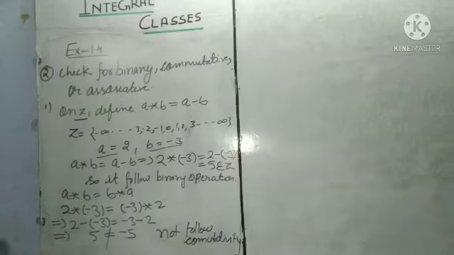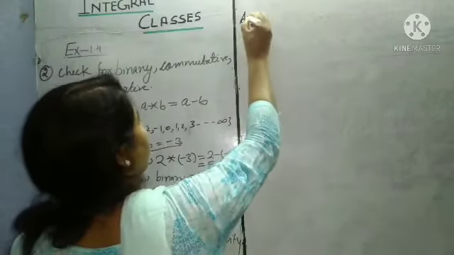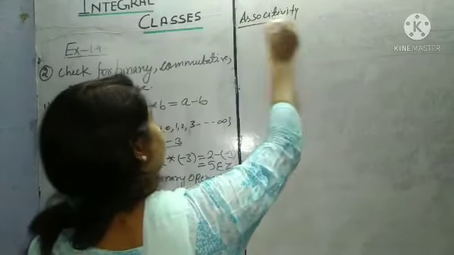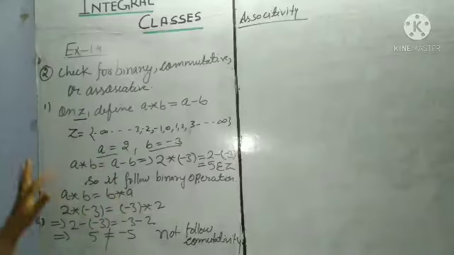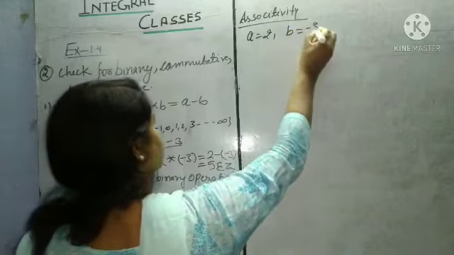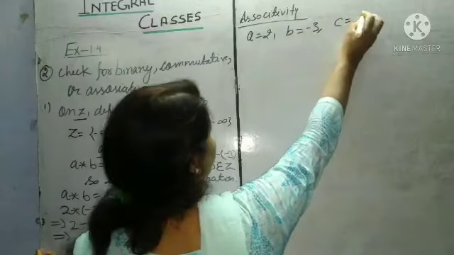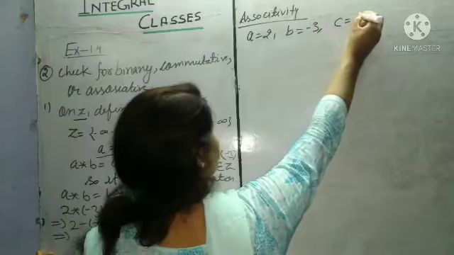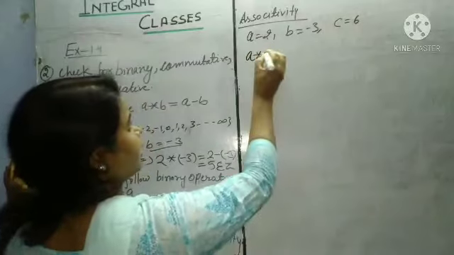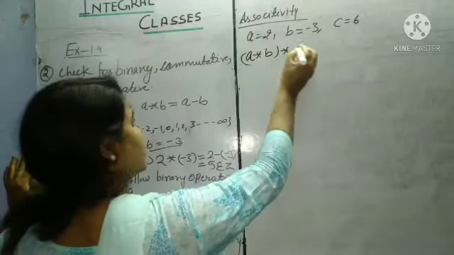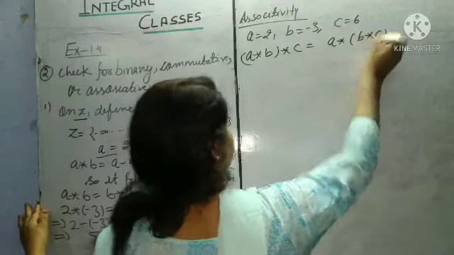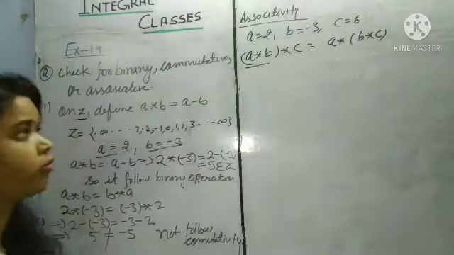Now for associativity, again we will consider three elements which belong to Z. Suppose A equal to 2, B equal to minus 3 and C equal to 6. Now we check A star B star C equal to A star B star C. We will apply the operation on the first two first.